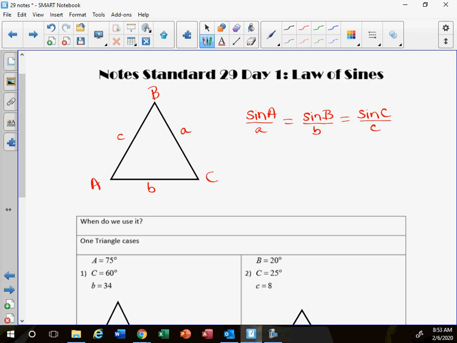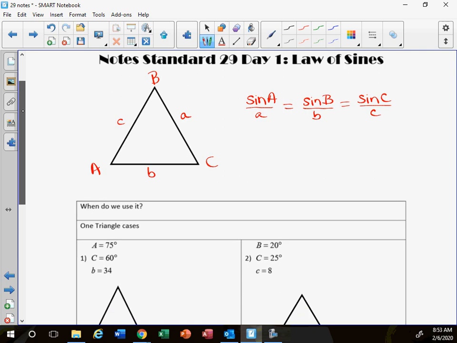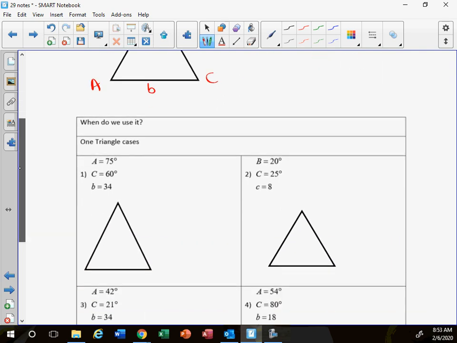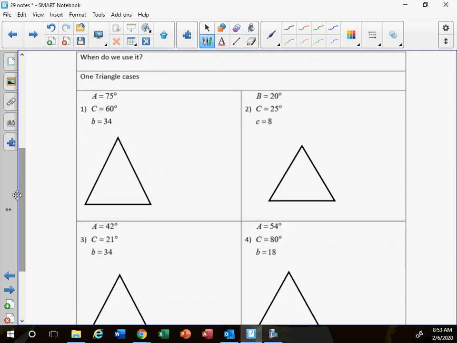Okay. So let's try to solve a triangle with this. Let's look at number one. I drew a triangle already. I'm going to label A, B, C and fill in the stuff I know. So 75 degrees is over here with A, 60 degrees with C, side B at the bottom is 34.